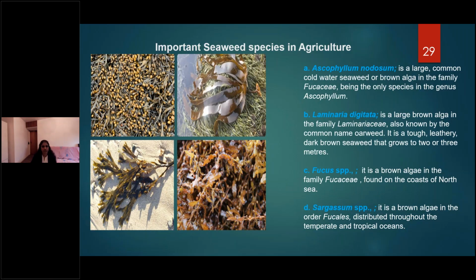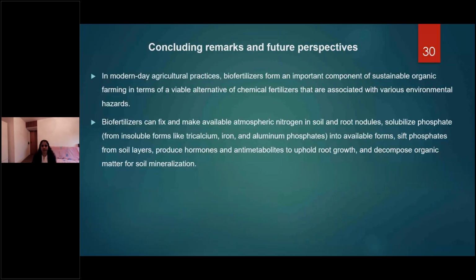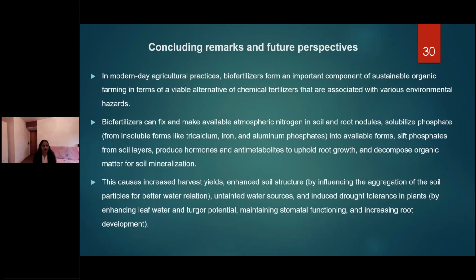So I would like to conclude with remarks and future prospects of these algae in agriculture. In modern day agriculture practices, biofertilizers form an important component of sustainable organic farming, as a viable alternative to chemical fertilizers that are associated with various environmental hazards.